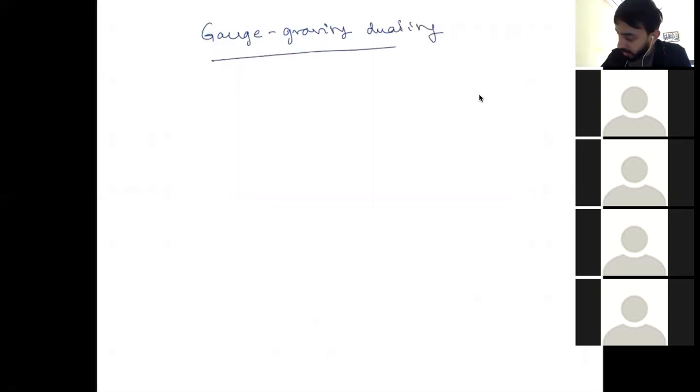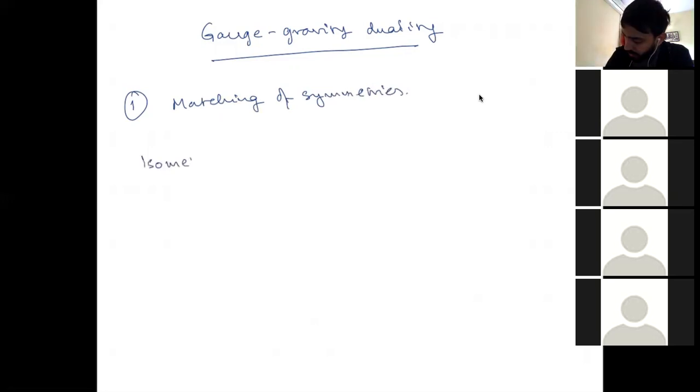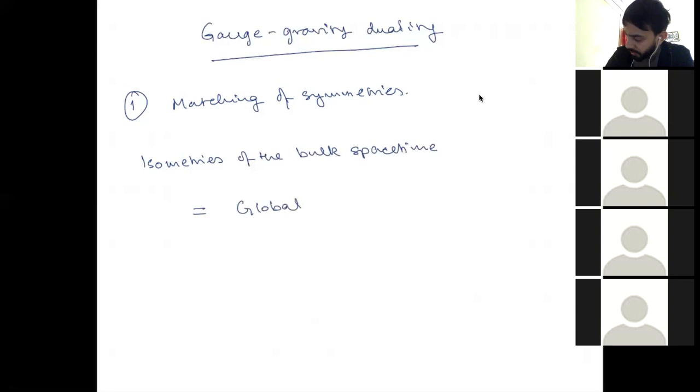Here, the first thing, number one, is matching of symmetries. By this, I mean the isometries of the bulk space-time will be equal to the global symmetries of the boundary.